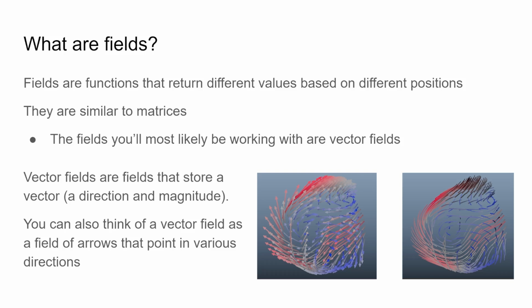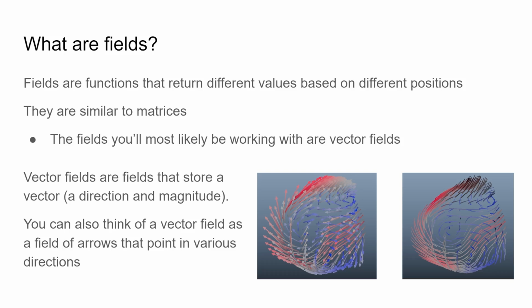If you've ever used a matrix, they're very similar to that. The fields that you're working with are most likely going to be vector fields. If you ever took calculus, it's similar to a slope field. Slope fields and vector fields are the same thing. It's just called a vector because that's the type of data that we're working with.